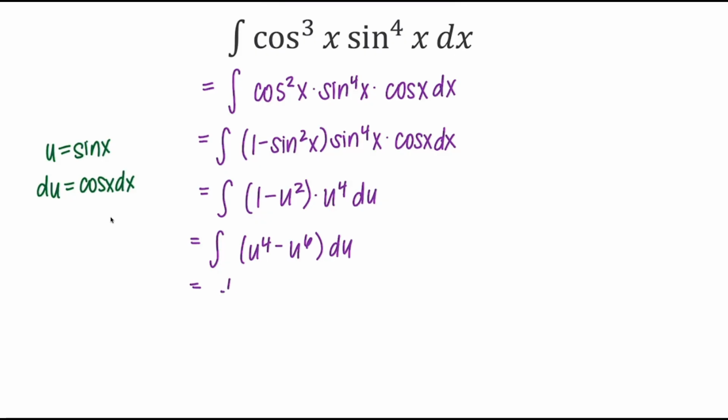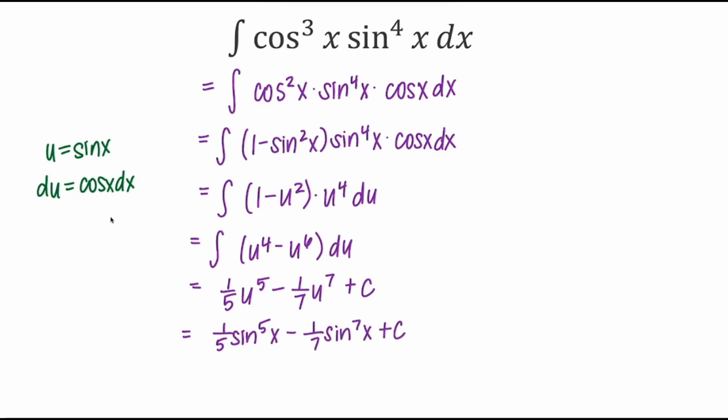And that gives us 1/5 u to the 5th minus 1/7 u to the 7th plus c. And now we substitute sine x back in, so we get 1/5 sine to the 5th x minus 1/7 sine to the 7th x plus c.